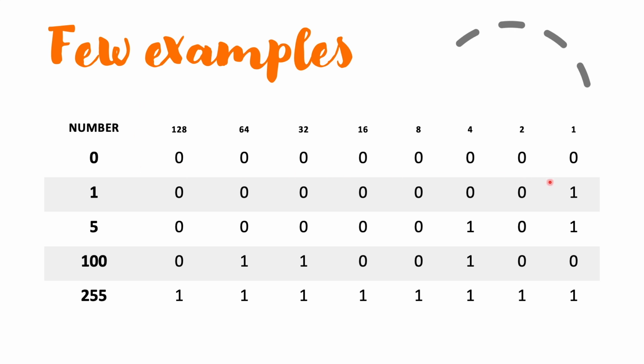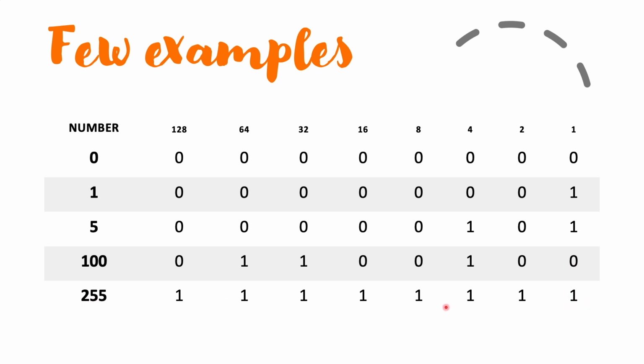So for example, for 0 all the values are 0, right? Then for the number 1 we see that we have 1, so it is 1 into 1 and therefore the result is 1. For 5, as we learned, it is 4 into 1 plus 2 into 0 plus 1 into 1, so it's 4 plus 1, 5. Similarly, this is for 100 and this is for 255.